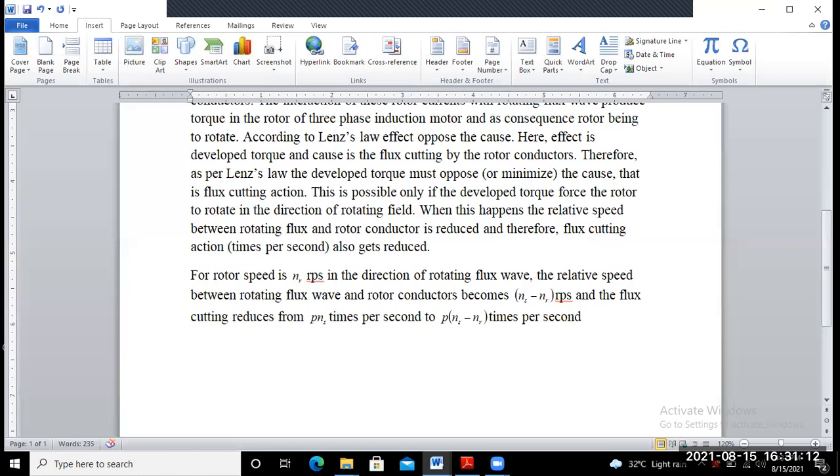So flux cutting action reduces here, which fulfills the condition of Lenz's law, is it not? As demanded by the Lenz law.